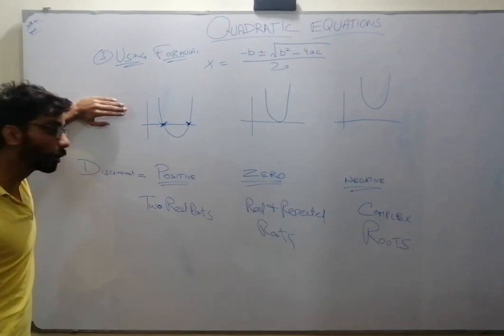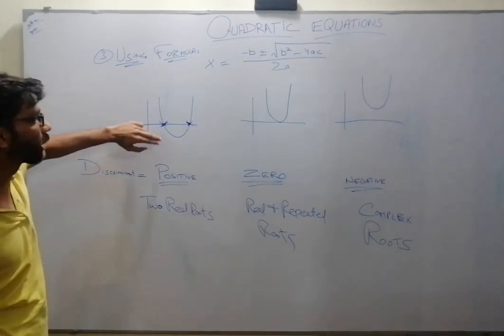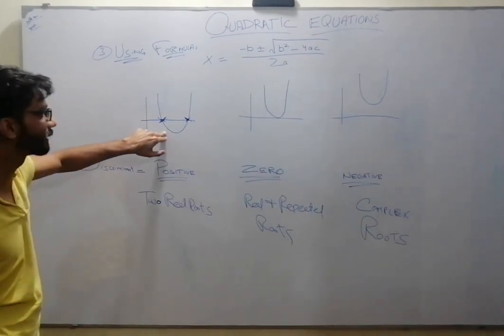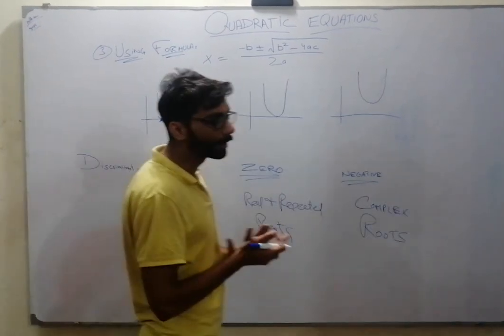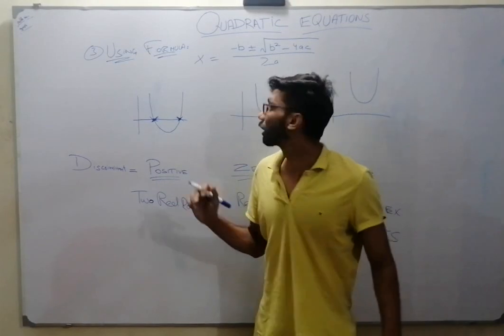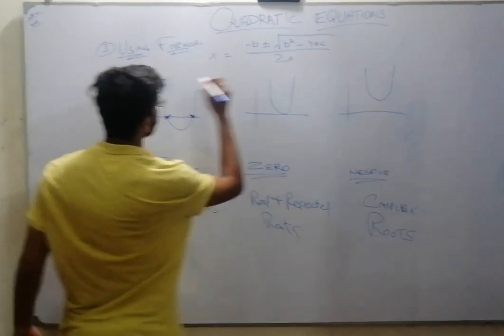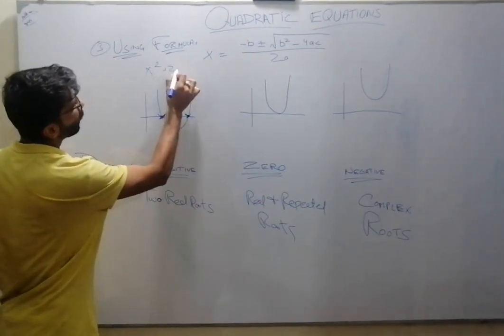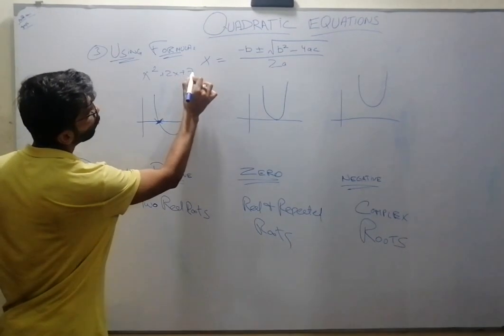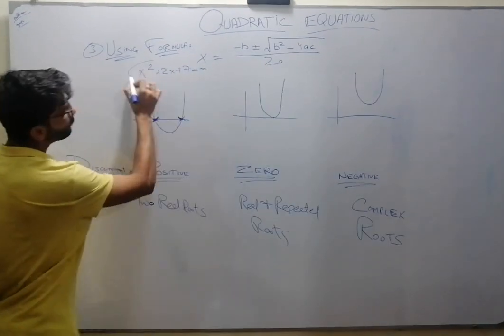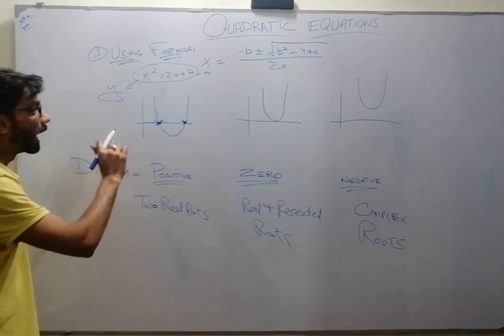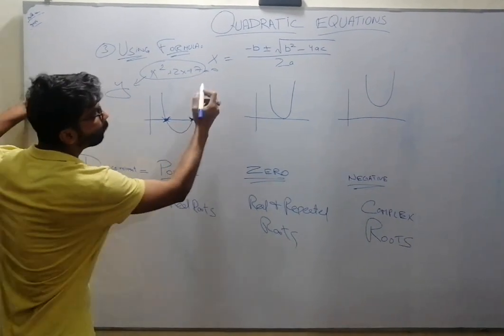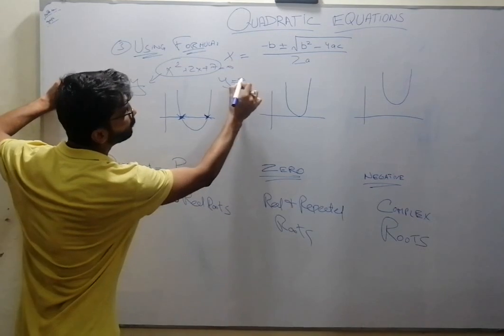If you are getting 2 real roots, it means that your graph would be cutting the x-axis at 2 points. The reason for cutting the x-axis is, look, whatever equation we take, x square plus 2x plus 7 equals 0, this expression represents y. And we are keeping the whole equation equal to 0, that means y equals 0.